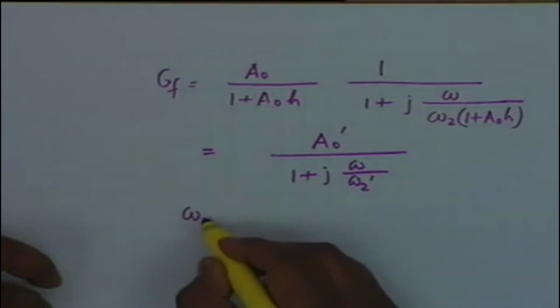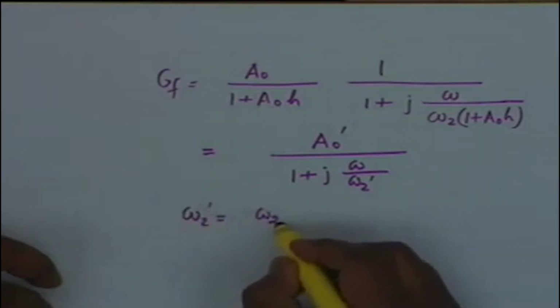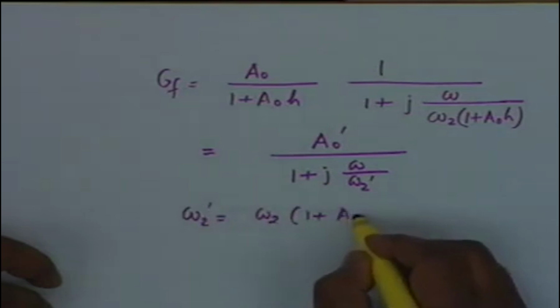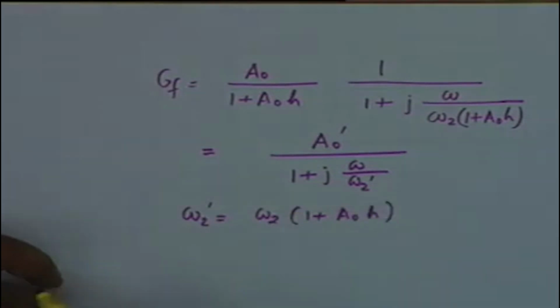And you notice that omega 2 prime is equal to omega 2 multiplied by 1 plus A0 H, and therefore omega 2 prime is greater than omega 2, which means that we have wide-banded the amplifier. The amplifier mid-band range has been expanded.